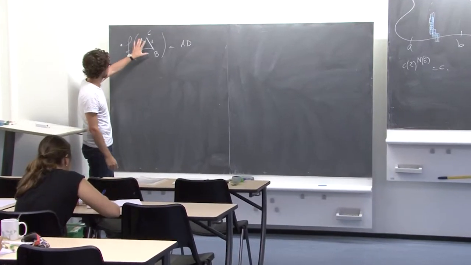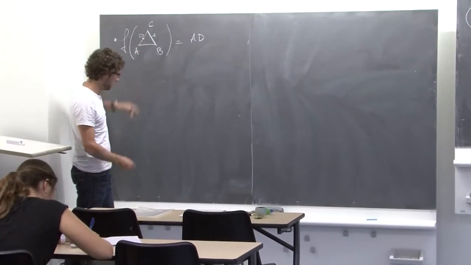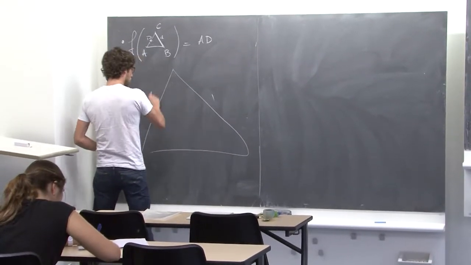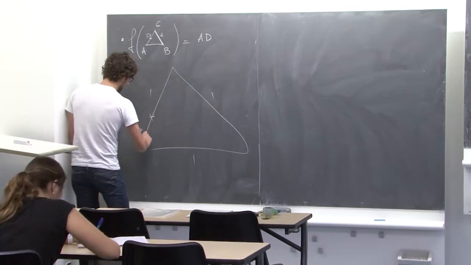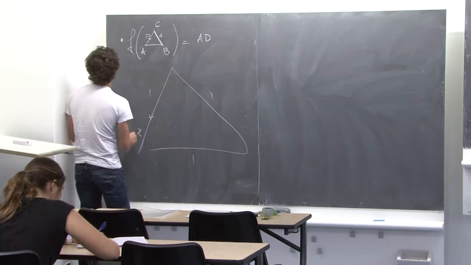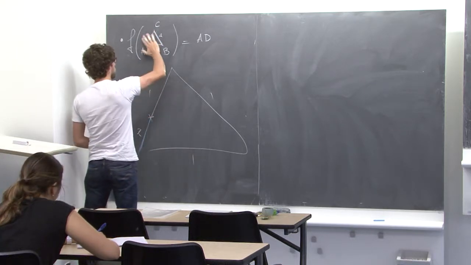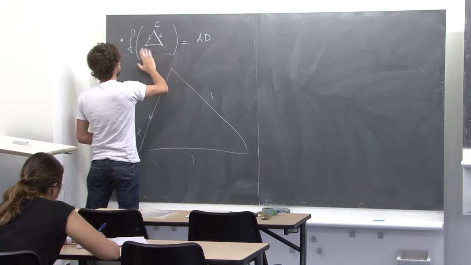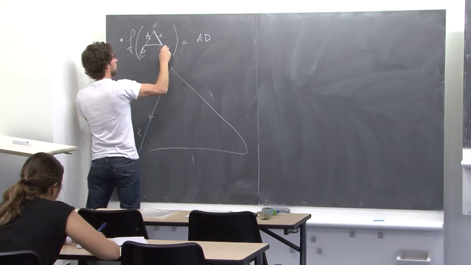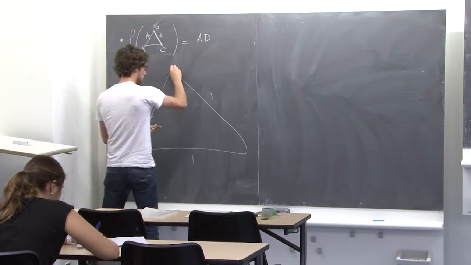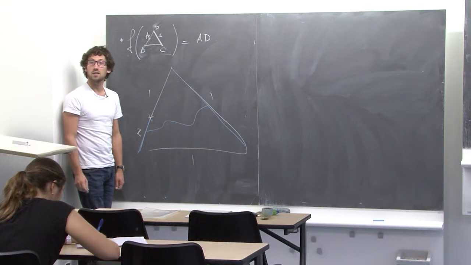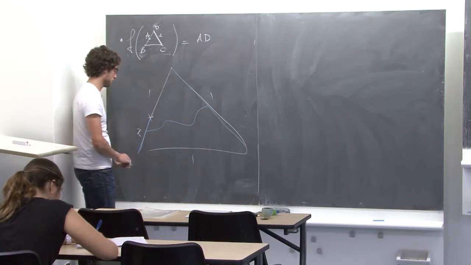So for this simply connected domain, if you take a big triangle like that, 1 by 1 by 1, and you put a point at distance x, I want this to be A, B, C, and D. Then the probability of crossing from there to there is x in the scaling limit.